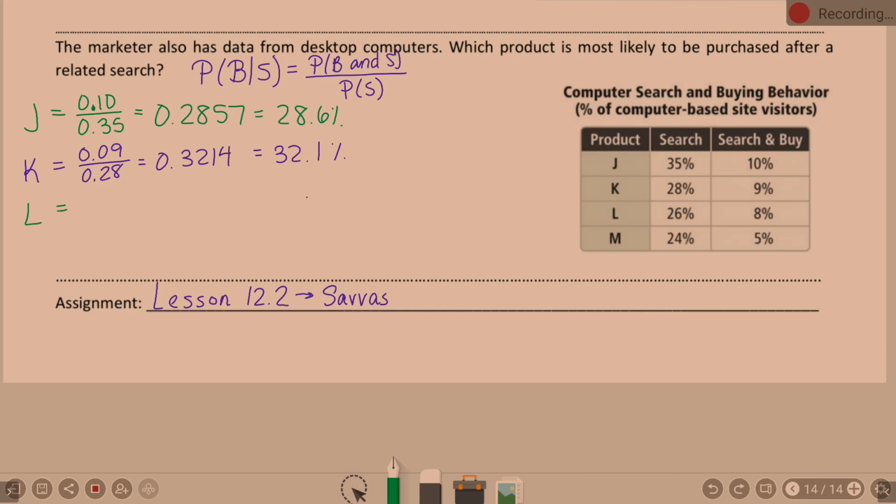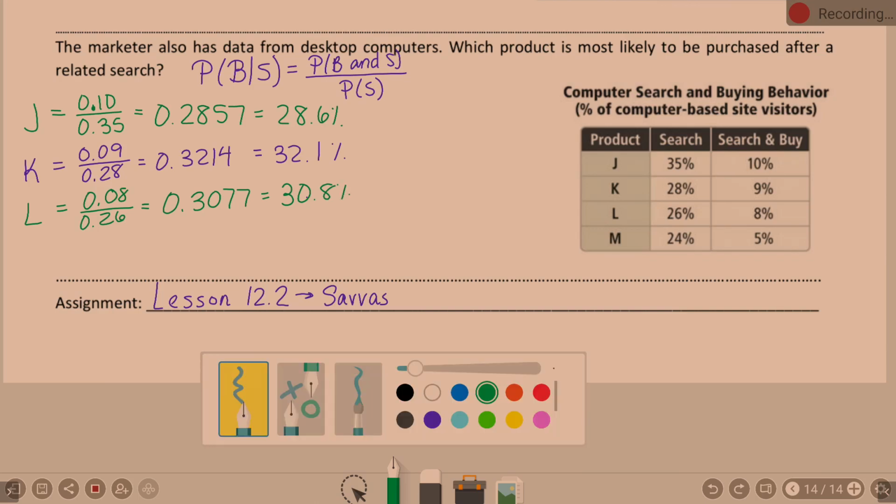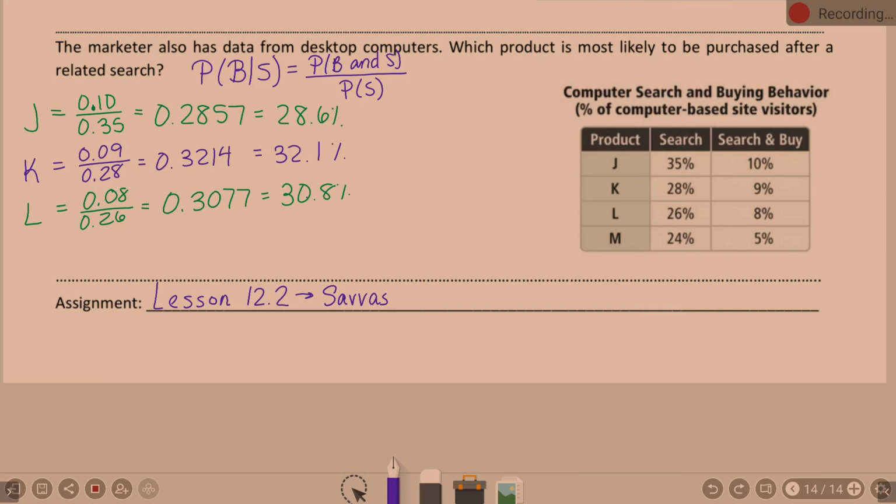Product L. 8% divided by 26%. Remember, 8% as a decimal is 0.08. And we have 0.3077, or in other words, 30.8%. But we have M. And what about M?